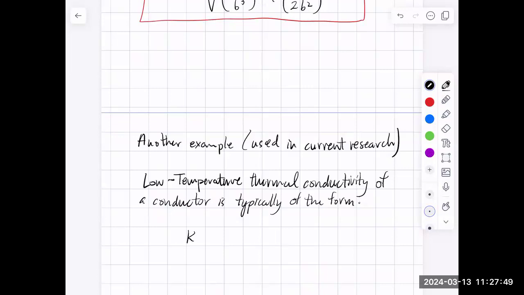So that's Greek letter kappa. And then it's some coefficient times T plus some other coefficient times T cubed. And so this linear term is the electron contribution. And this T cubed term is the lattice, or sometimes called the phonon contribution.